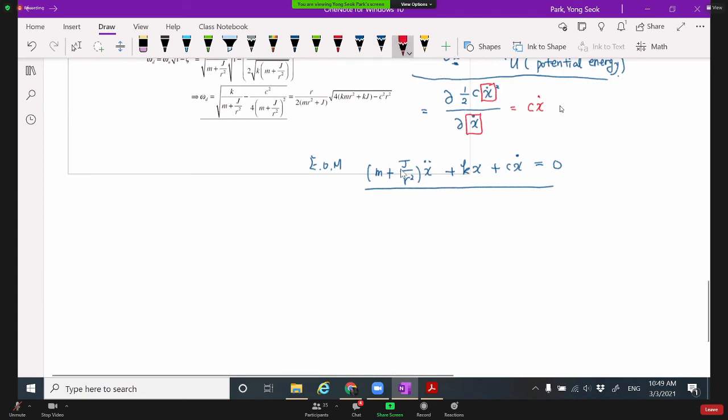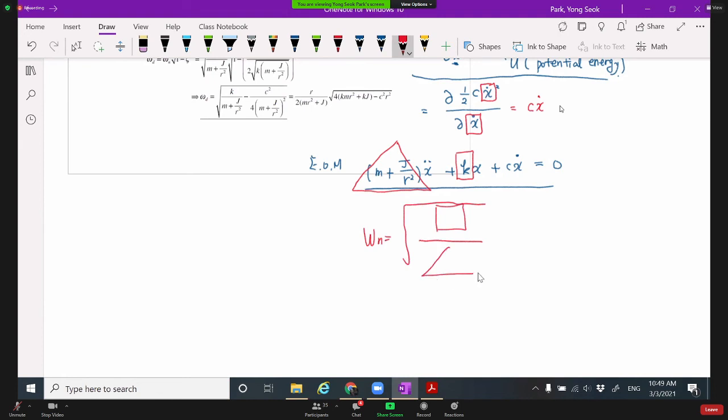Now, what is the M position and what is the K position? This is the K position, right? And this is the M position, isn't it? So now, how are you going to write out omega N? Square root of K over M position. Do you agree with that?